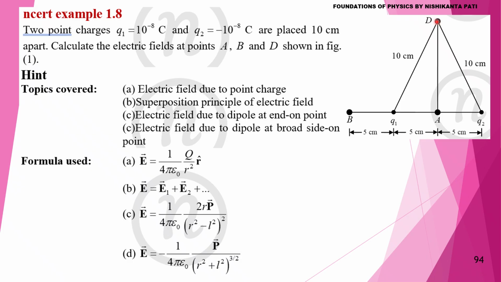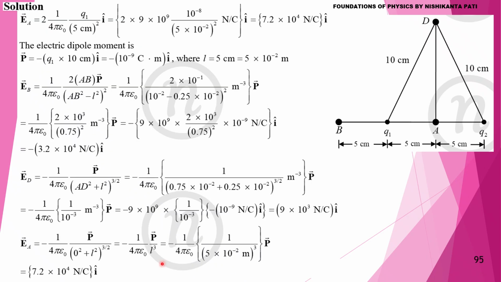At D, the electric field in broadside situation. At A also, we can apply this formula by replacing r to be 0. The electric field at A due to Q1 and the electric field at A due to Q2 are the same. That is why the net electric field at A is 2 times of this.